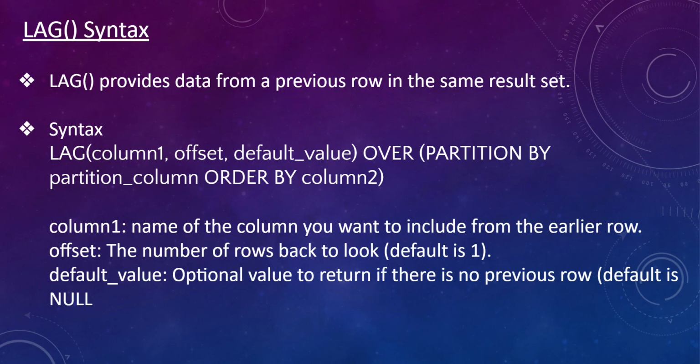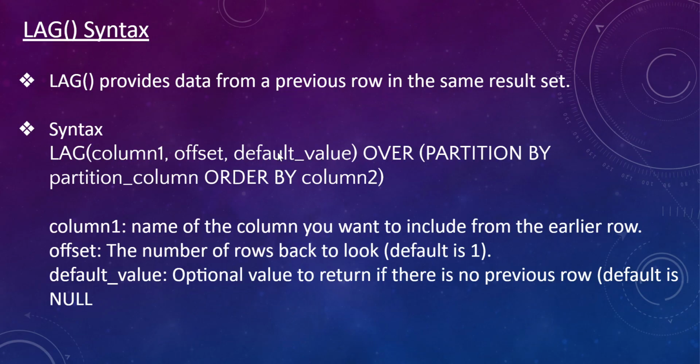For example, it might be the scenario where you want to look two rows back, three rows, four rows. Depending on the requirement you can mention the offset also. However, by default it's 1. So offset is not a mandatory part to mention. If you don't mention anything, by default it will be 1, and you will get the data from the immediate previous row.